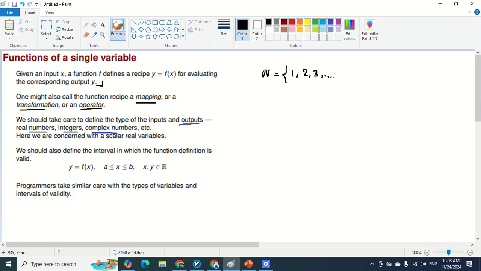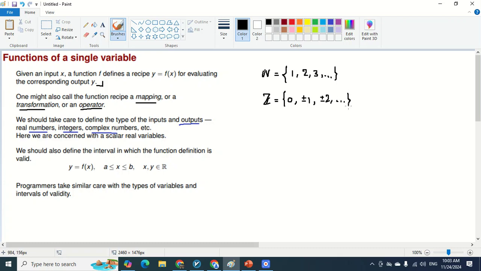Moreover, we extend this concept to the integer numbers that we denote by Z. The integer numbers contain 0 and also the negative numbers. So it contains 0, plus and minus 1, plus and minus 2, and so on, meaning that we have all these types of numbers in the integers.